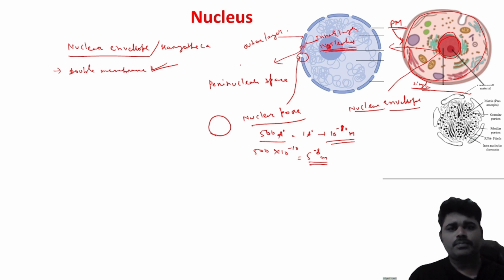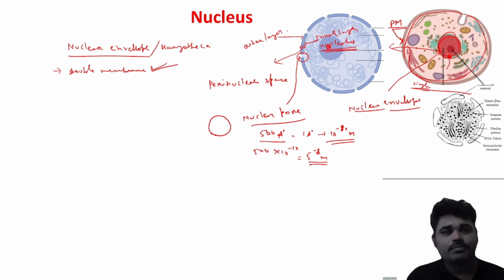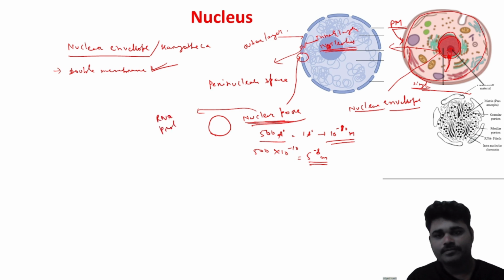So what is the function of the nuclear pore? Look at the structure. Let's suppose this is a nuclear pore-like structure. Through this nuclear pore, RNA and protein can pass to the cytoplasm, or they can pass from the cytoplasm to the nucleus. This is the main function of the nuclear pore, the transport of RNA and protein.